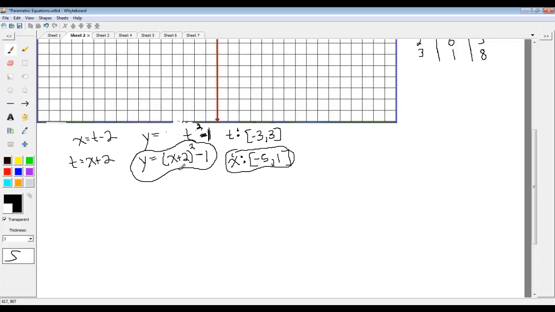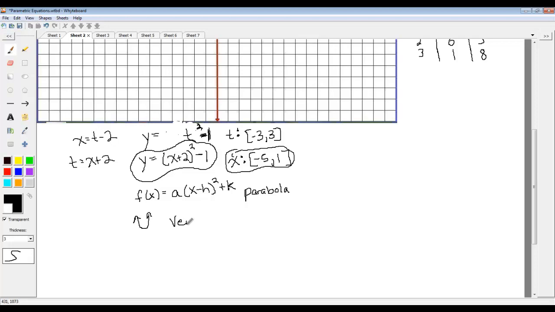And if you look at it closely, it fits the parabola form, f of x equals a times (x minus h) squared plus k. Do you guys remember that? That's for a parabola. In this case, our parabola is going to hold water. It's concave up.